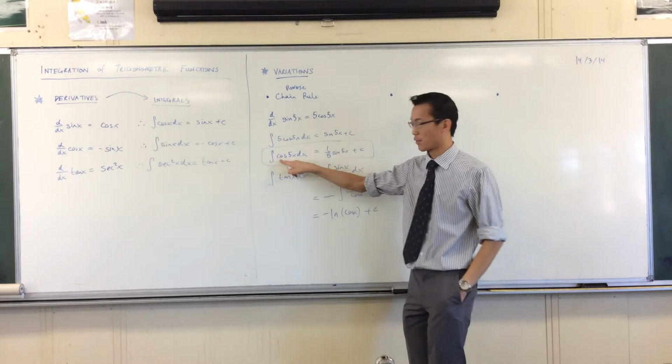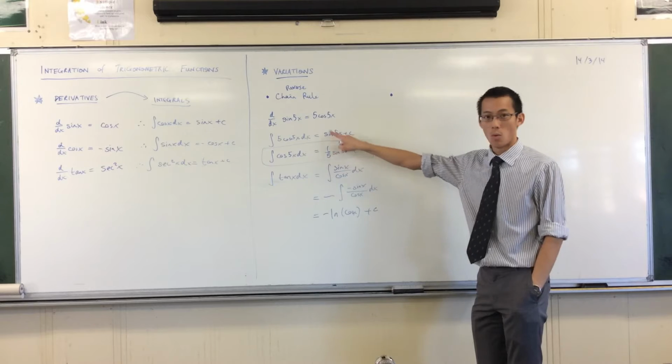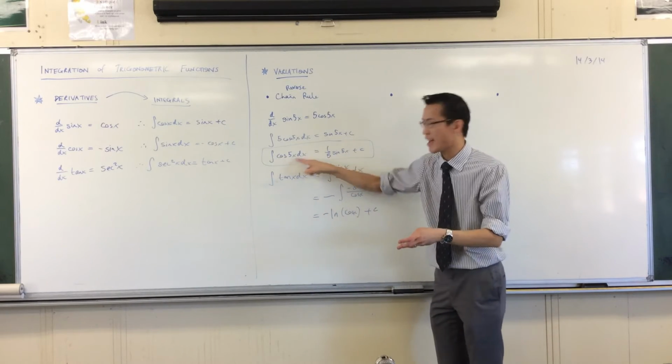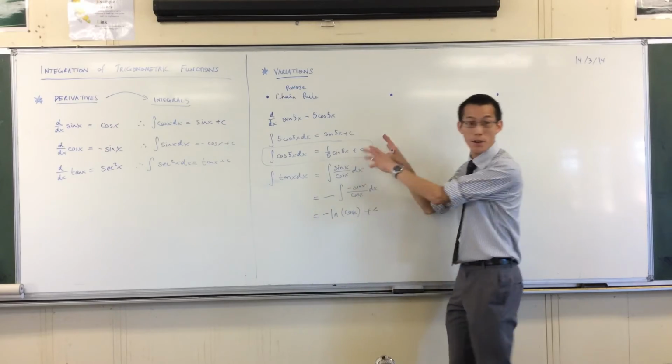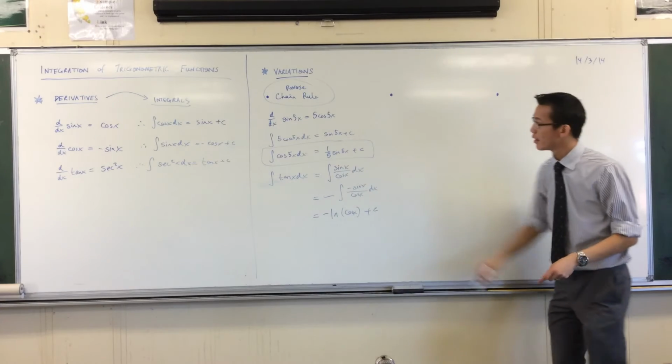Let's say the integral of cos ax with respect to x is 1 over a sine ax. And then the integral of sine ax, you get the idea, okay? But they're all very similar to each other. Like I said, variations on a theme, okay?